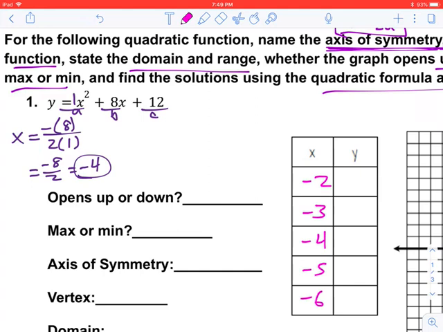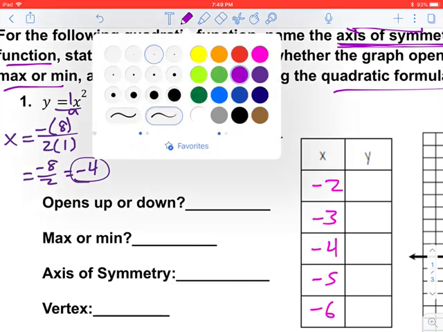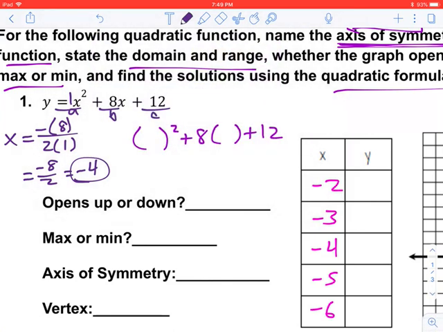And now, I'm just basically plugging in to find our answer. So, when I plug in, I'm going to go x squared is parentheses squared plus 8 parentheses plus 12. Okay, so my vertex is going to be negative 4, plugged in. All right, so I've got negative 4 squared, and I'm just kind of typing this in, remember.